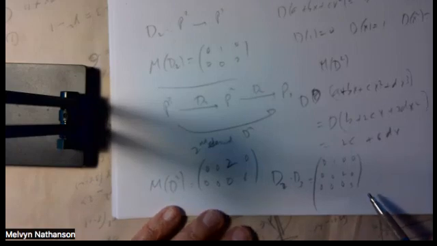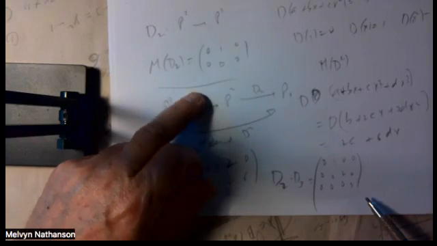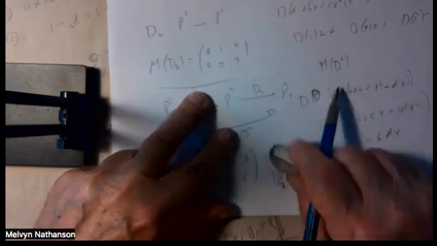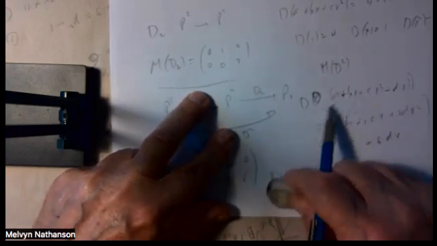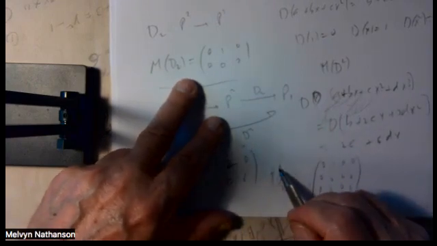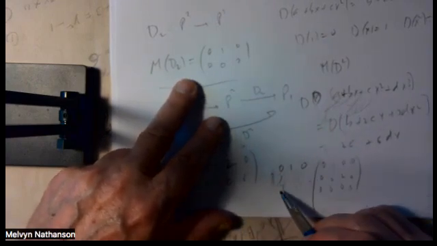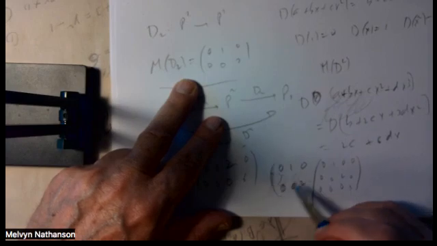Sorry. This is D3, and I want to multiply it on the left by D2: 0, 1, 0, 0, 0, 2.